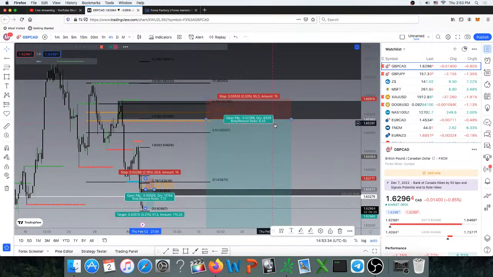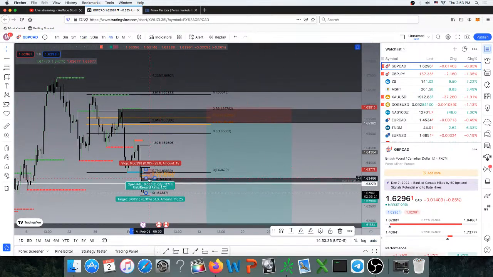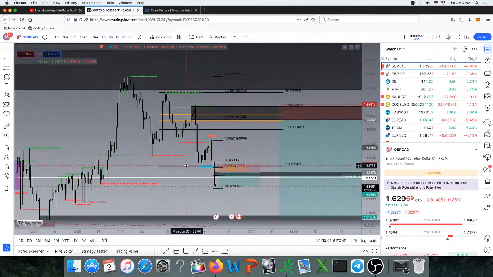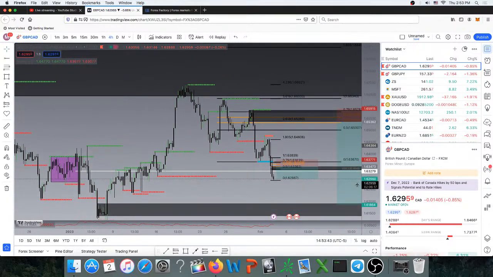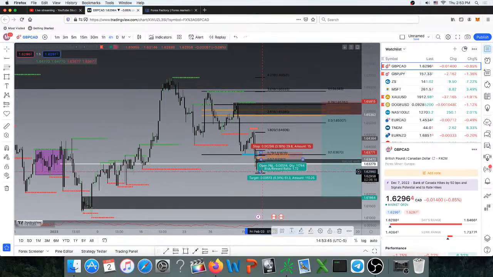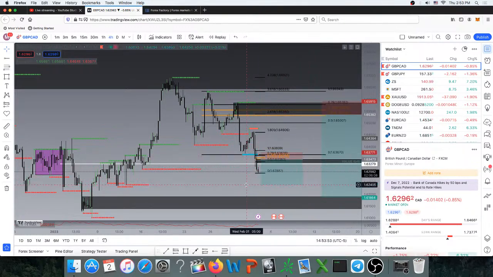Let's see where the 4-hour level would be. I probably would just take it to this liquidity area. Right there. It's this 162.39.